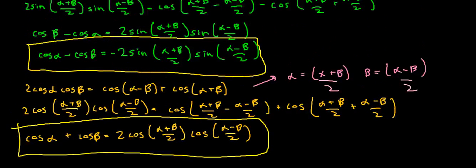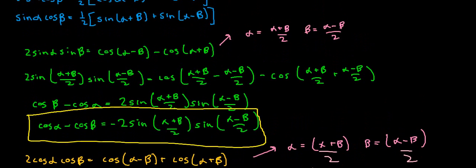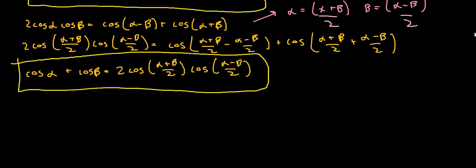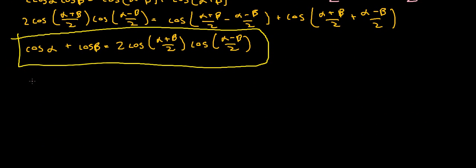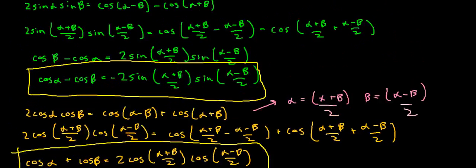Now I'll use the third one to get the sine. Sine alpha cosine beta equals 1/2 sine alpha plus beta plus sine alpha minus beta. I'll just go ahead and put the 2 over here and just eliminate the 1/2. That was plus, right?